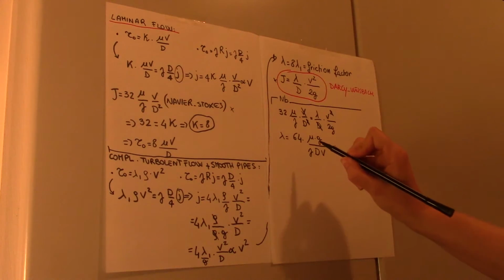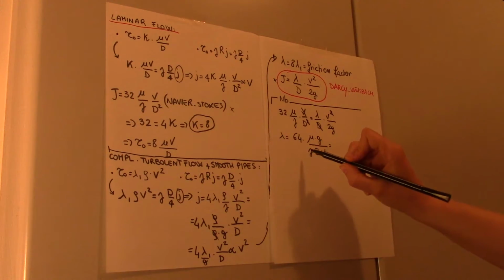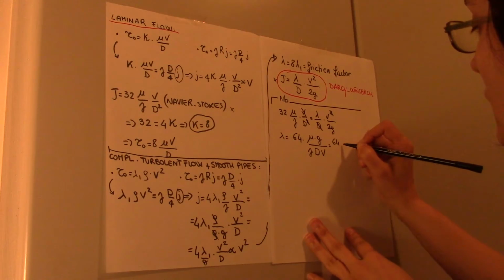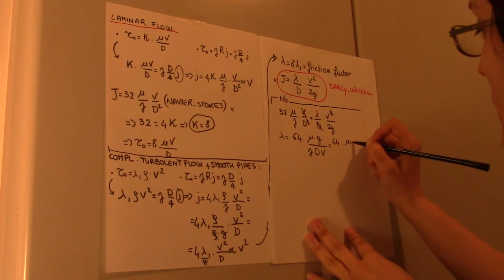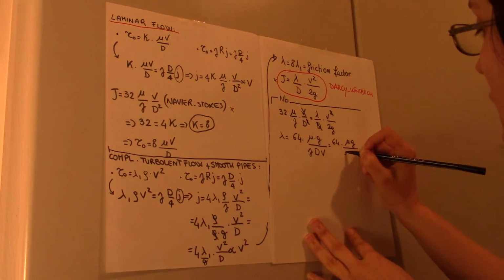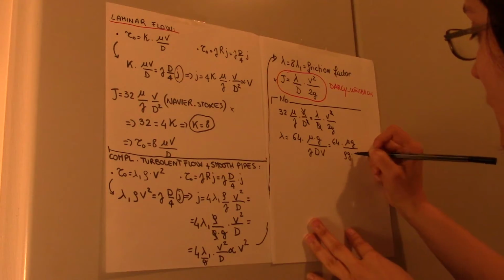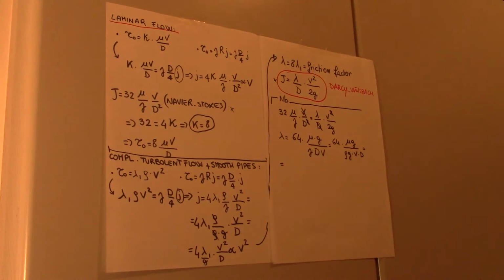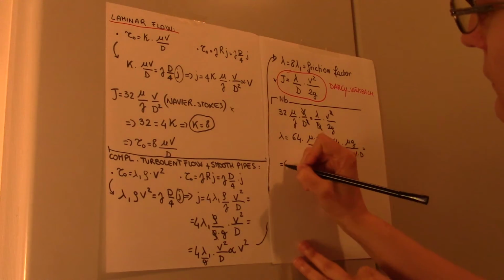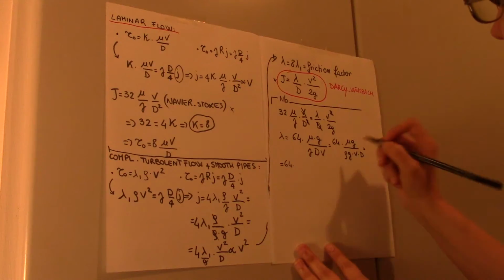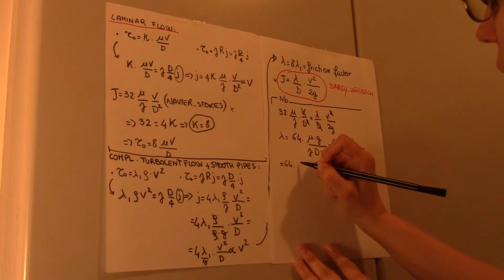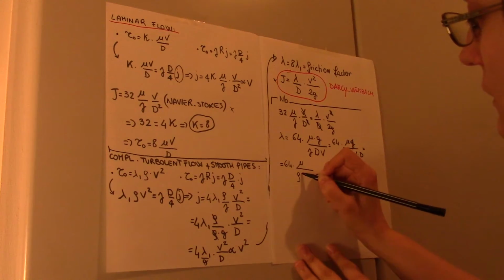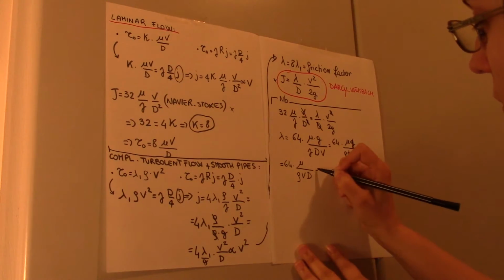Remember that gamma, again, the specific weight, is the density times g, so this is 64 times mu g over rho g times v times d. Hence 64 times, erase, it becomes mu over the density, velocity, the diameter.